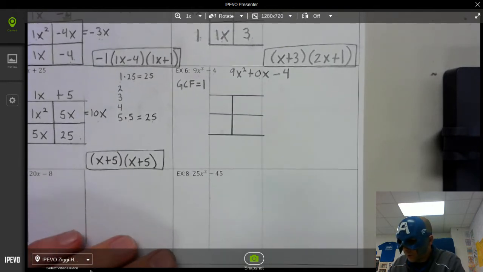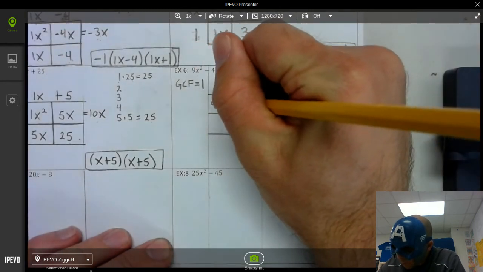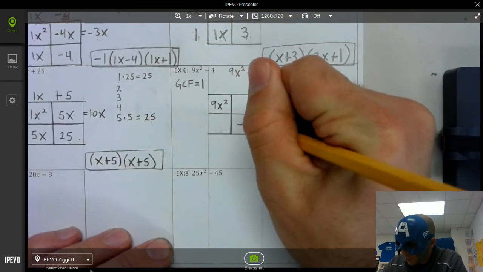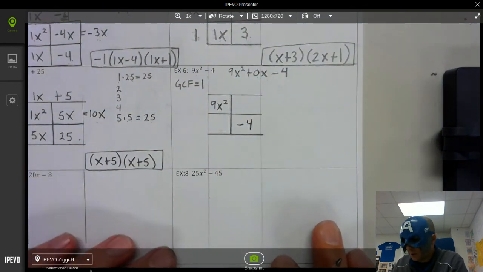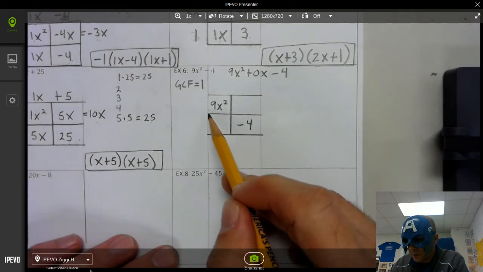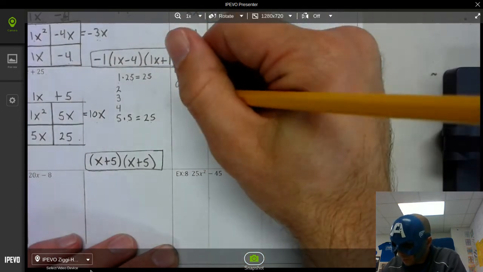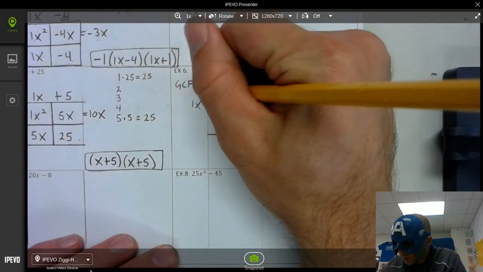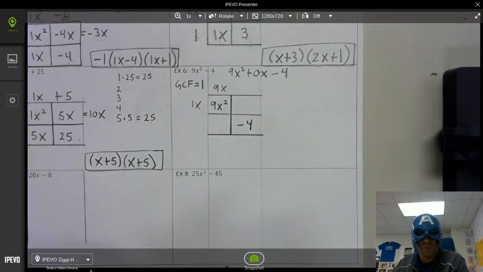All right, so now 9x squared and negative 4. All right, so then you ask yourself, what do you multiply to give you 9x squared? Well, you have two options. You have 1x and 9x, and 3x and 3x. Okay?